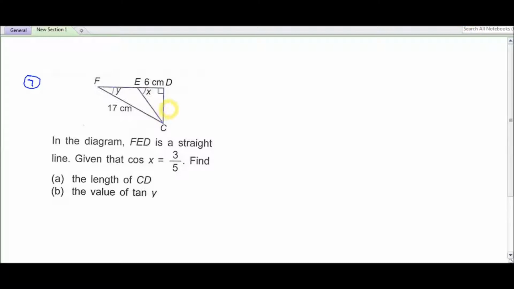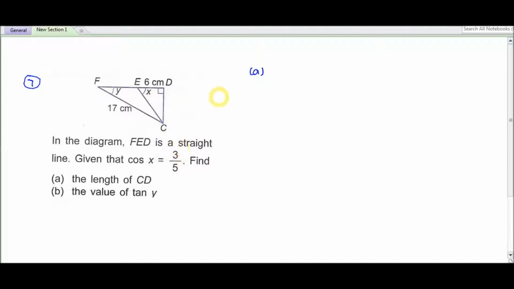Okay, let's try a few more questions. These questions will be more complicated. The length of CD, we have a diagram here. We want to find the length of CD, which is here.